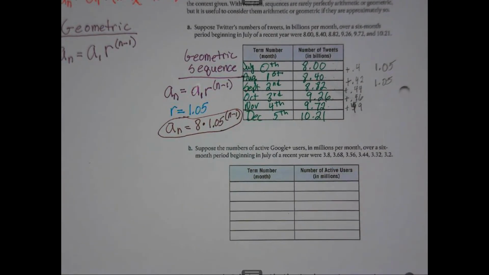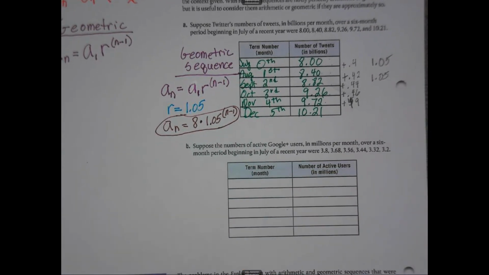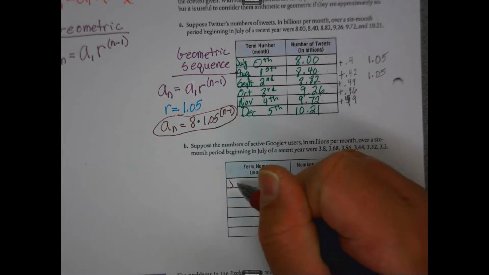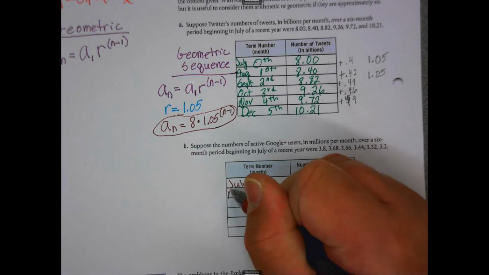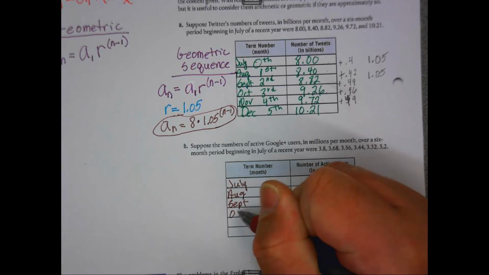Okay, let's look at the next one. Suppose the numbers of active Google Plus users, in millions per month, over a 6-month period beginning in July. So here's our July, August, September, October, November, December.